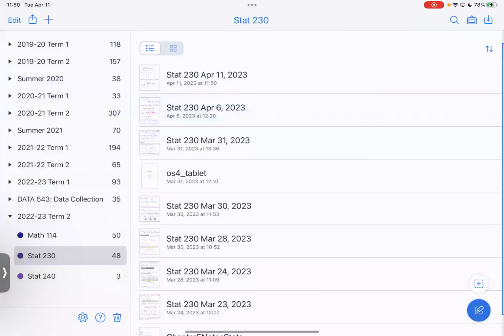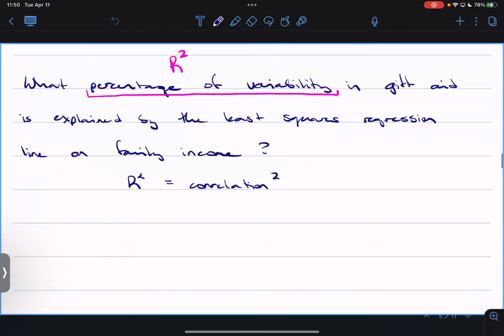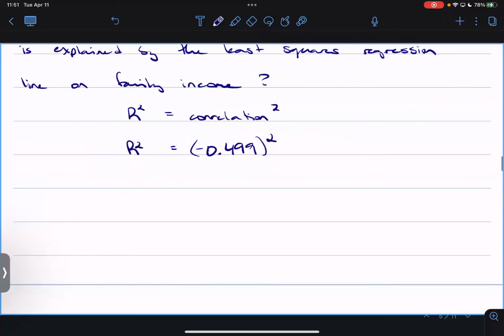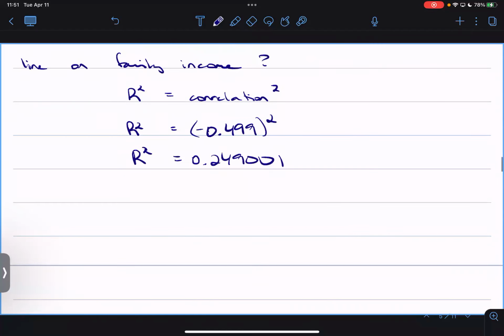So here we had R squared is negative 0.499 squared. So we get R squared is 0.249001. This is a proportion, right? Just as a reminder from way back when, we were asked for the percentage.